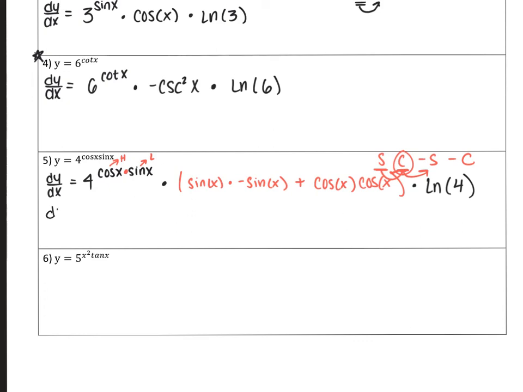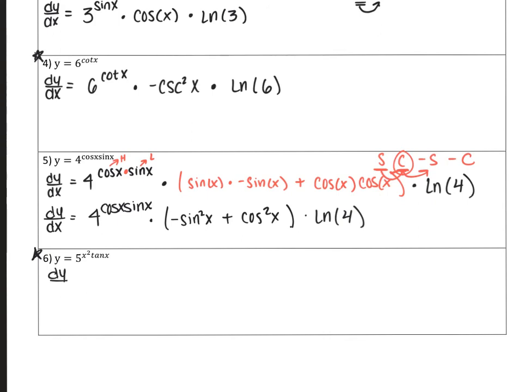So dy over dx can be simplified to 4 to the cos x sine x times negative sine squared x plus cosine squared x times ln of the base. And that's good enough there. All right, why don't you try number 6 and then hit resume when you're ready for the answer.